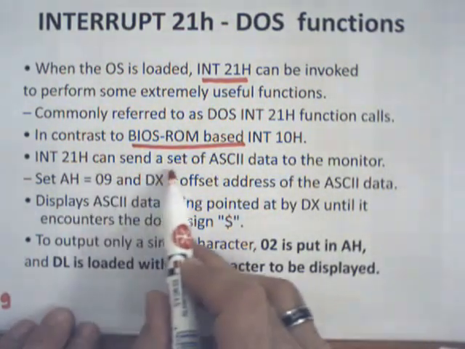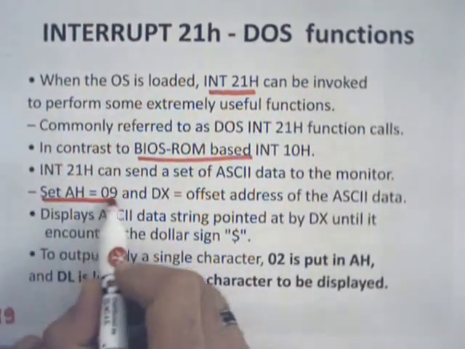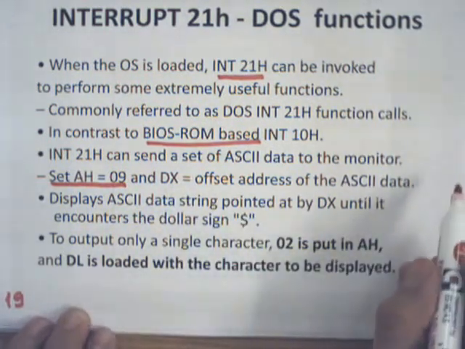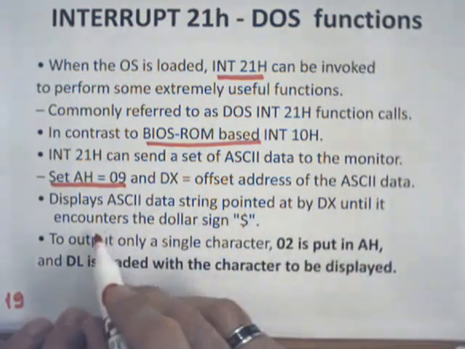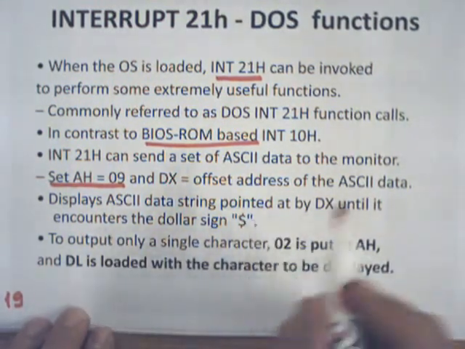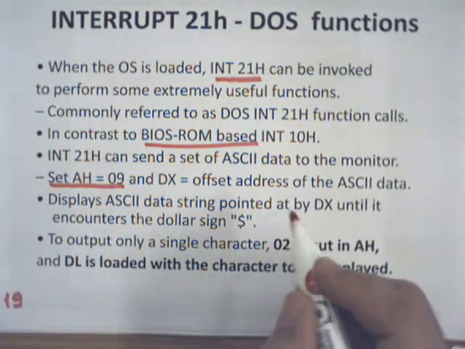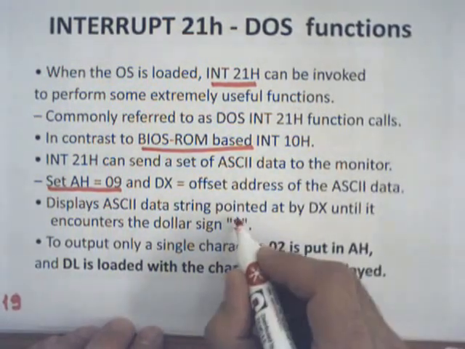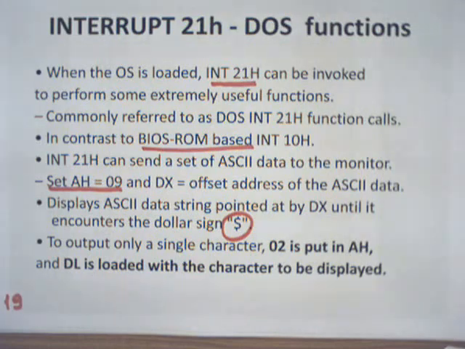INT 21 hex can send a set of ASCII data to the monitor: we set AH to 09 hex and DX to the offset address of the ASCII data, which displays the ASCII string pointed to by DX until it encounters the $. So you can activate string operations of indeterminate length if we have an end of string character reserved to be a $.